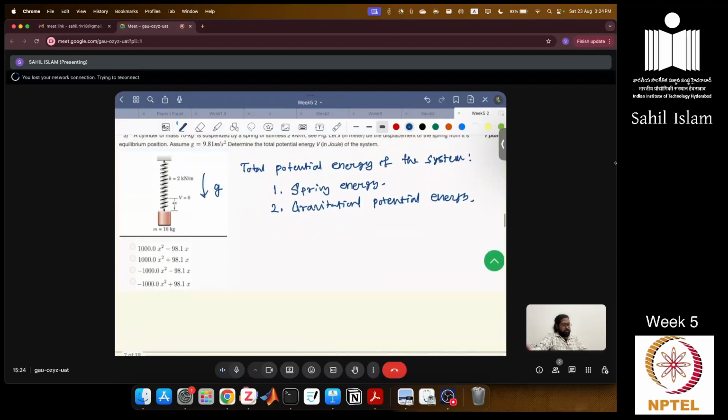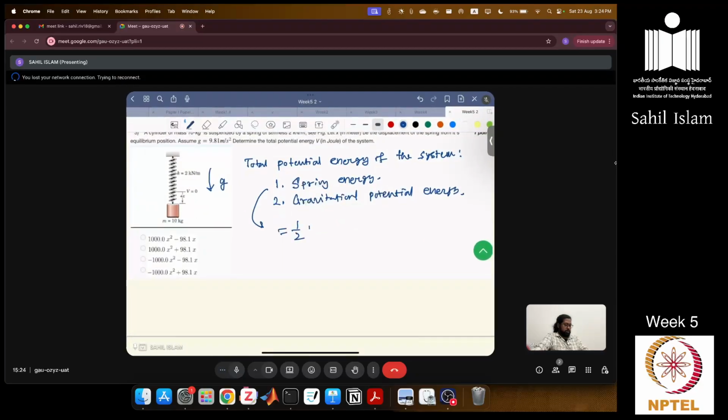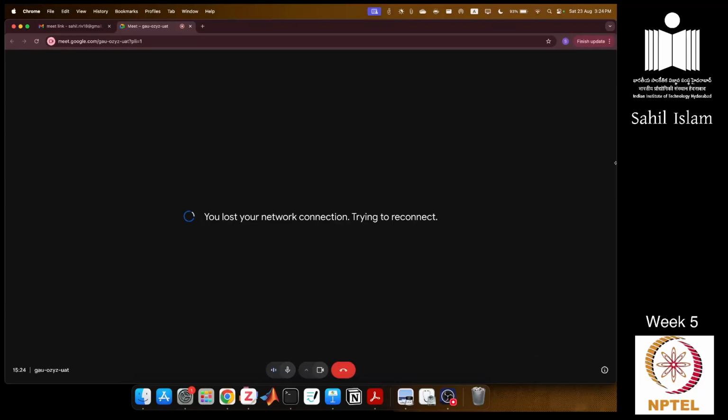So spring energy, we all know, is half k x square, and gravitational potential energy is mgx. This is the form. Now we have to decide the sign.